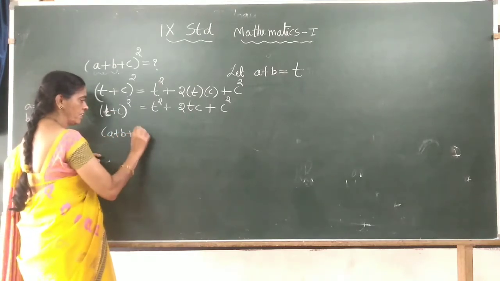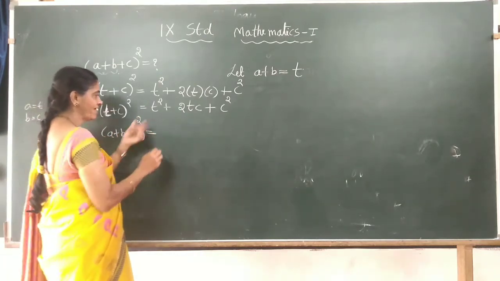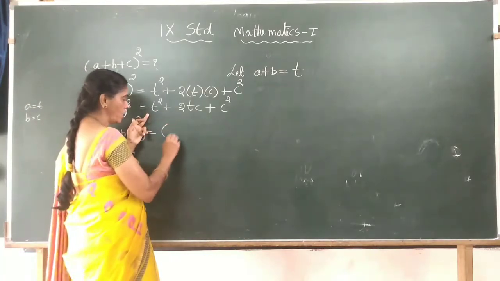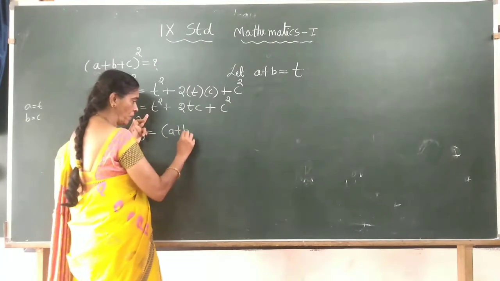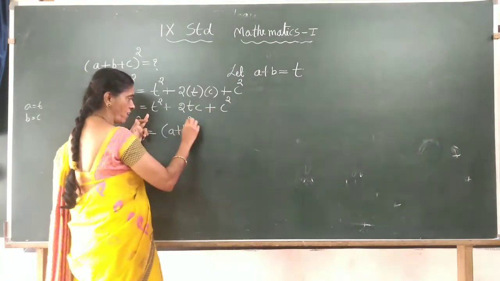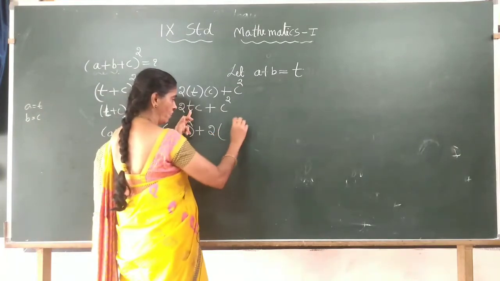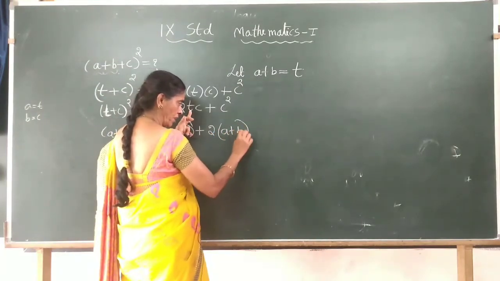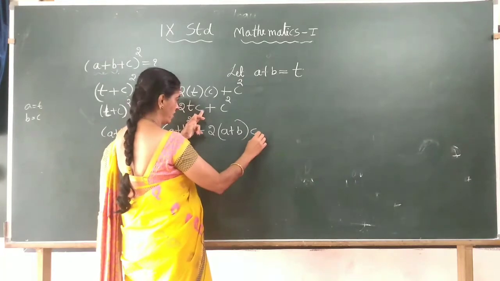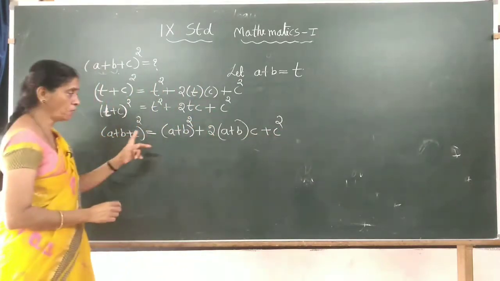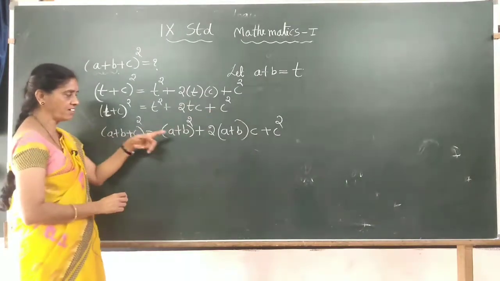Wherever t is there, I will write a plus b now. Now t square is there, so I will write t as a plus b. It is a plus b whole square plus 2 into t, what is the value of t, a plus b, into c, plus c square. So substituting t as a plus b, this is the answer I will get.